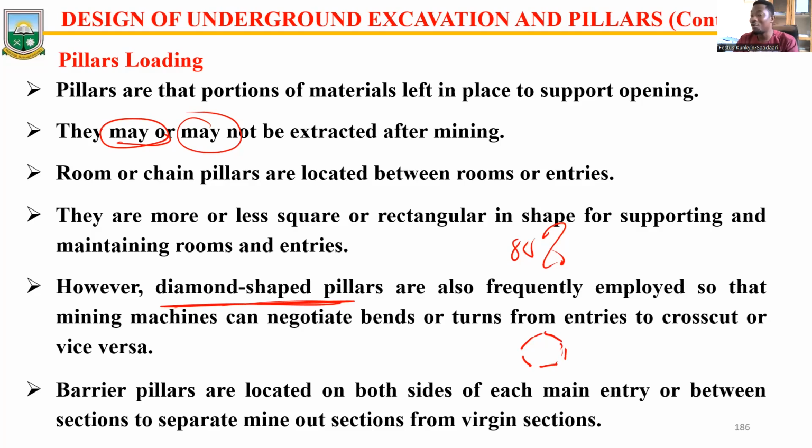Otherwise, you should go for techniques that you yourself can facilitate your work and help others to understand you better. Barrier pillars are located at both sides of each entry and between sections to separate mined-out sections from virgin sections.